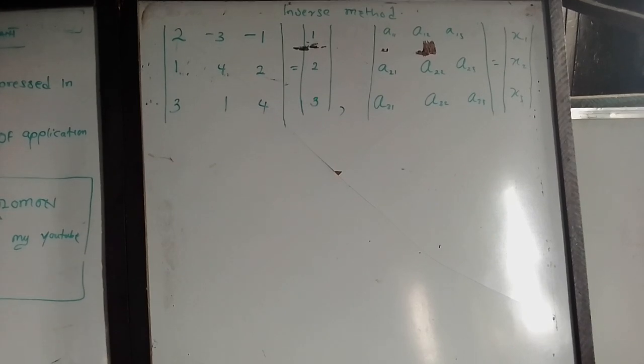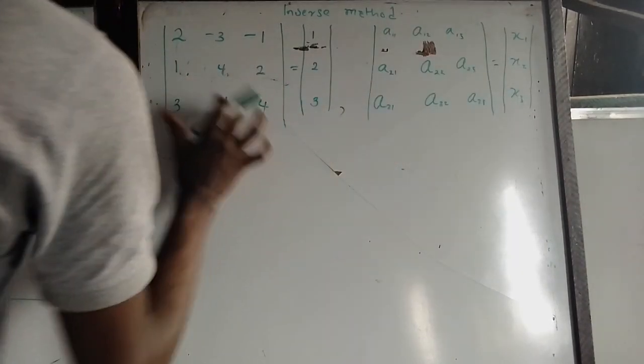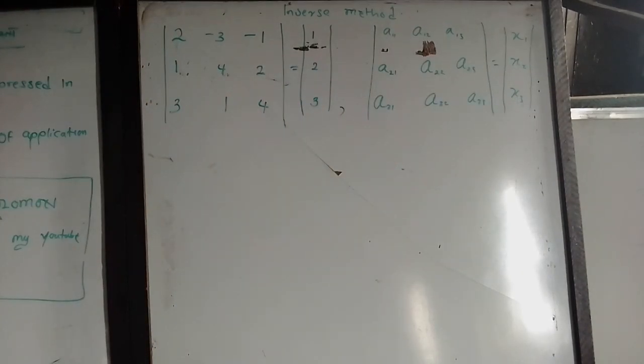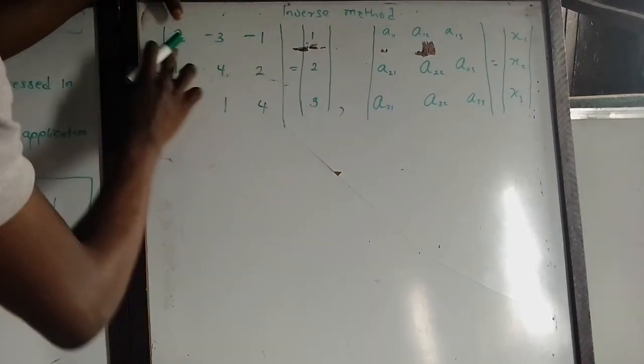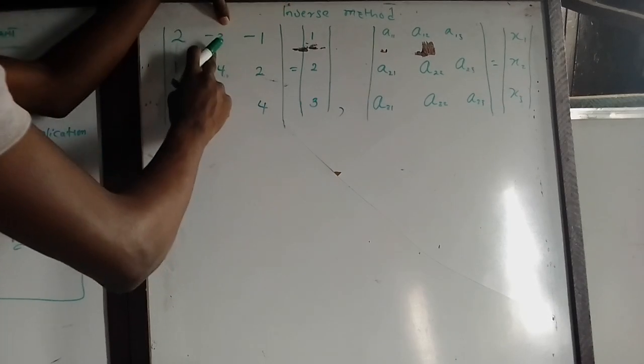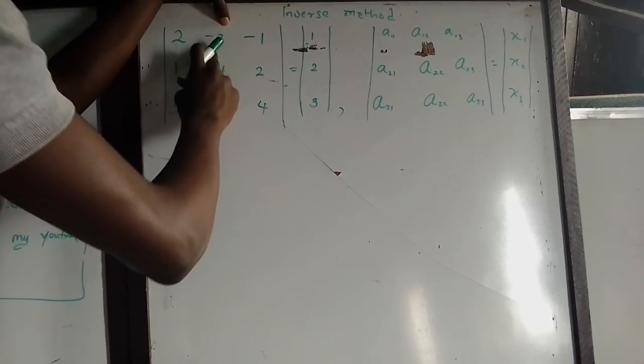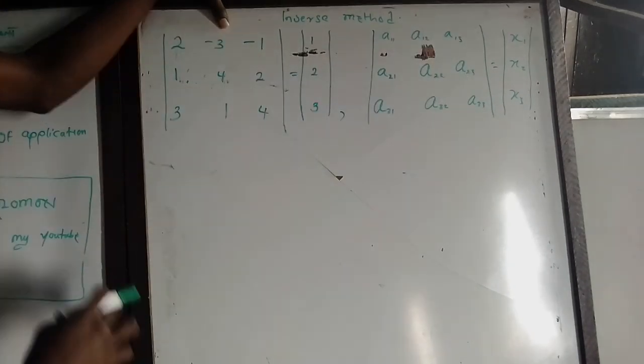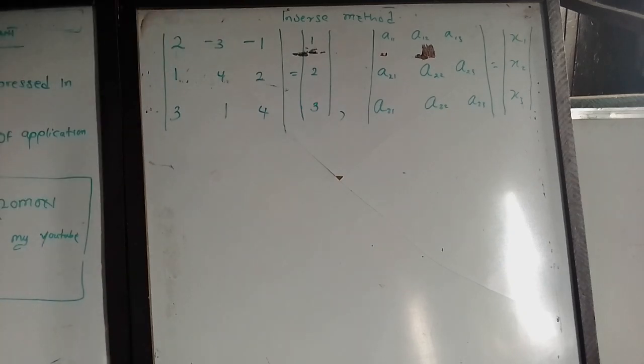What I write here is the same thing as here. Do we understand? This is A11, and A11 is 2. A12 is minus 3. A13 is minus 1. If you are solving a simultaneous equation using the inverse method, you are going to use this method.